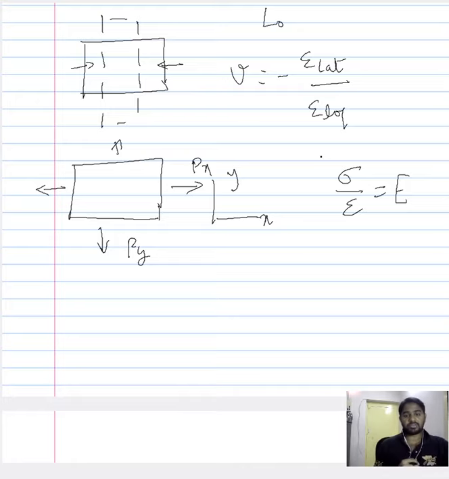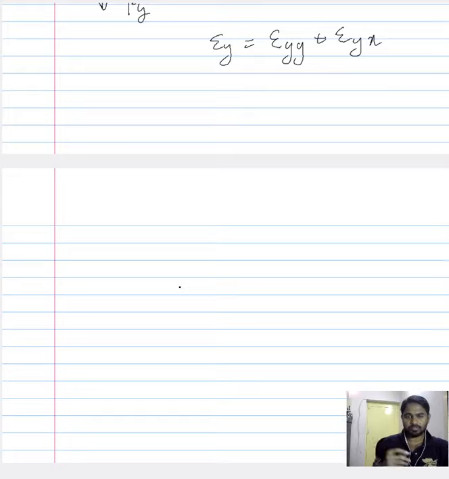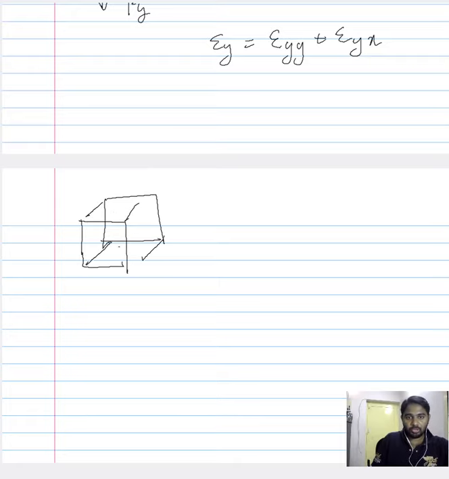So in this case, we were able to calculate epsilon y as epsilon y due to the load in the y direction, and also epsilon y due to the load in the x direction. If you could recollect, we did this in the previous lecture or a lecture before that. Now we also built on that, and we considered a three-dimensional system where we had load acting in all three orthogonal dimensions, and we calculated similar strain in all three dimensions.